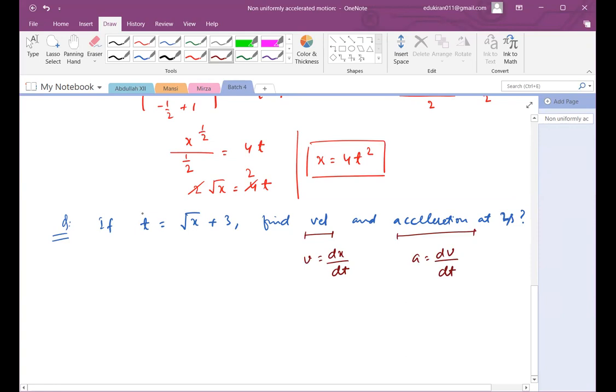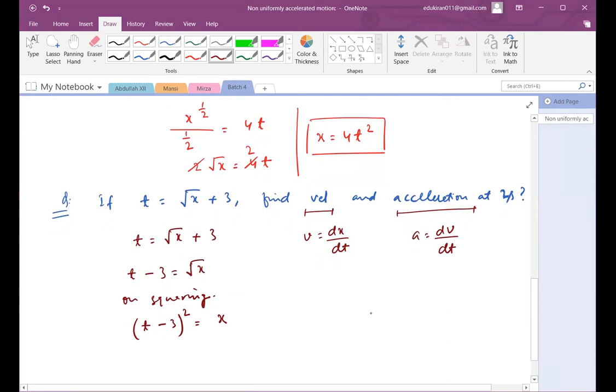So in this part, we have been given t is equal to root x plus 3. Move this term to the other side, you will get t minus 3 is equal to root x. Now, squaring both sides, it will become t minus 3 whole square is equal to x.